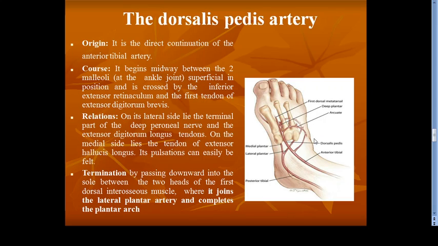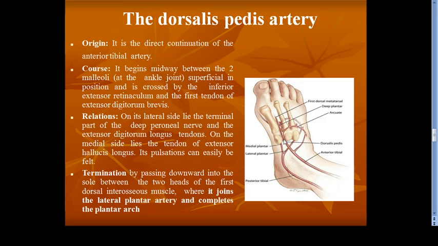This artery can be easily pulsated, right? Now how is this artery going to terminate? It passes downwards into the sole between the two heads of the first dorsal interosseous muscle, where it joins the lateral plantar artery and completes the plantar arch. So this is the termination of the dorsalis pedis artery.